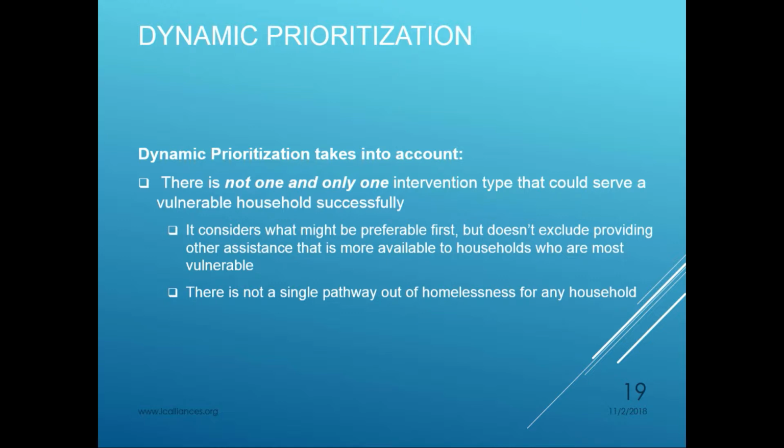It supports a faster and more efficient process for identifying appropriate openings and referring prioritized households to interventions that are available. Static prioritization collects one set of information at one point of time and then uses that to place households in a very static order to wait for a referral for one type of intervention based on that static score.